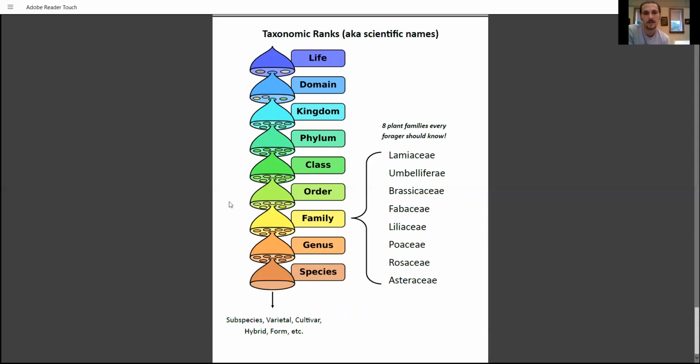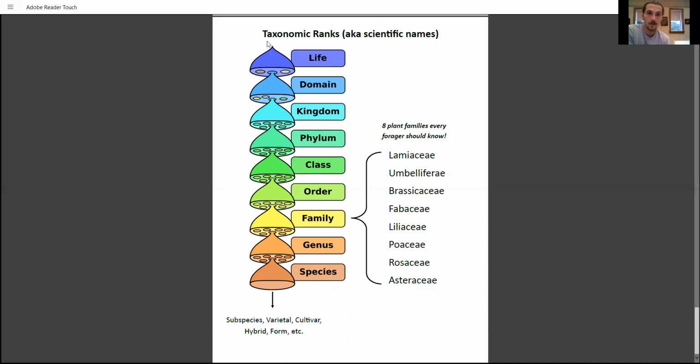I like this visual because it shows us how with each successive level of taxonomy, of naming, as we call it, and taxonomy is the science of naming things and classifying them, as we get more and more specific, as we get closer and closer to an individual species, each category is nested within the previous category.